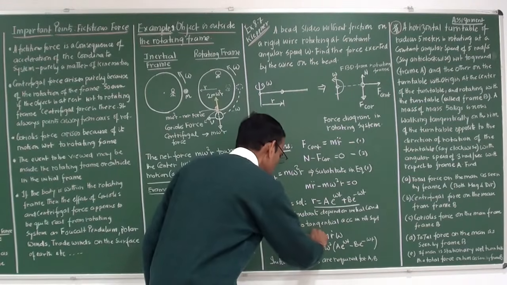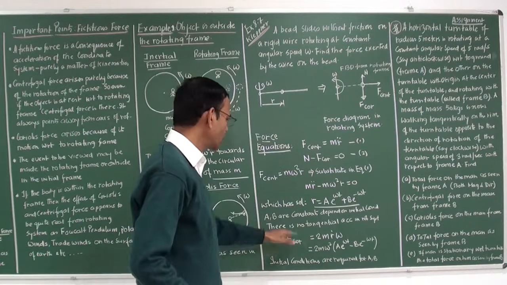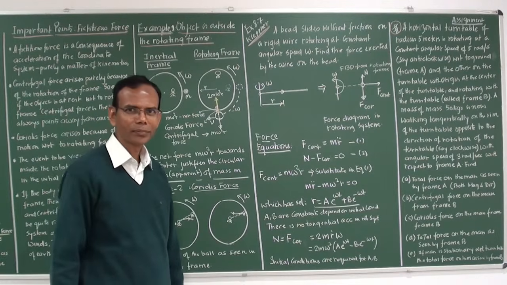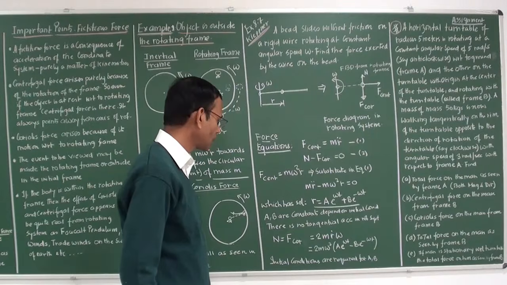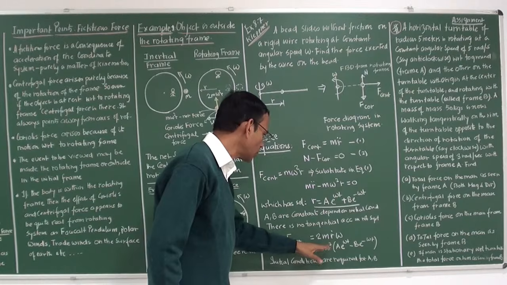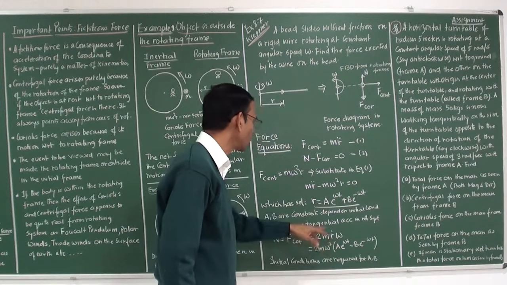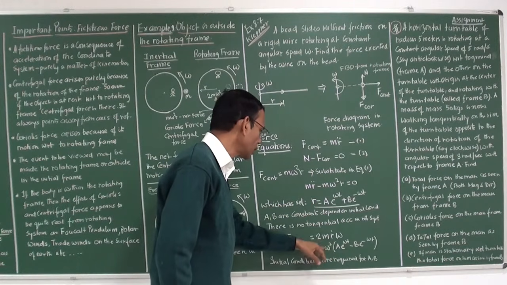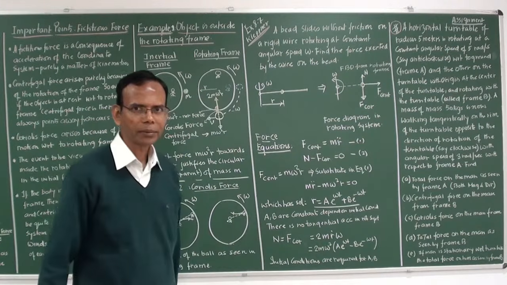So N is equal to F Coriolis, which is 2m r dot omega. r dot is Vr. So that is 2m omega square, basically one omega you are getting from here. You differentiate r, which you have already got, to calculate r dot, so omega square into this. So initial conditions are required for A and B.